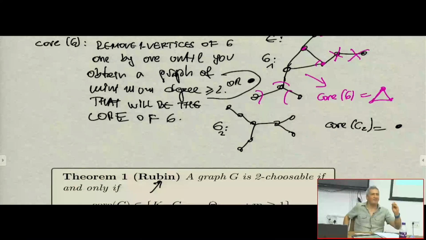Now, a graph is two choosable, which corresponds to two colorable in the usual case. That's a theorem of Rubin: a graph is two choosable if and only if the core belongs to this list of graphs.